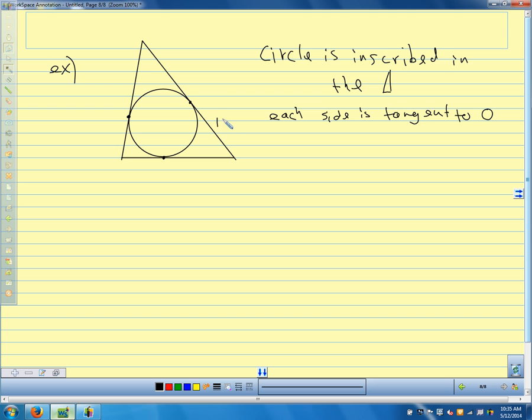And we know that this length is 14, this length is 8, this length is 5, and this is not drawn to scale. And we want the perimeter of the triangle.